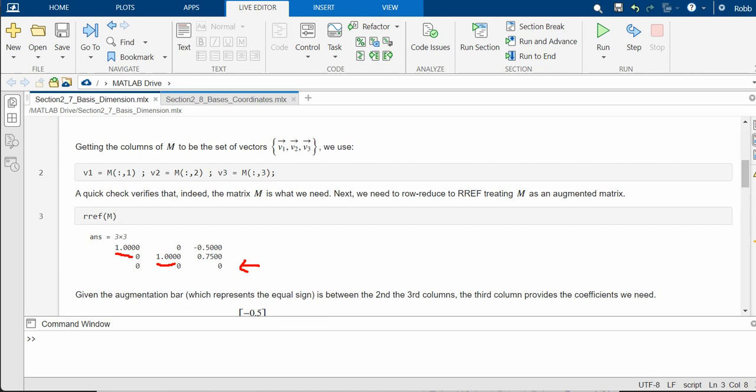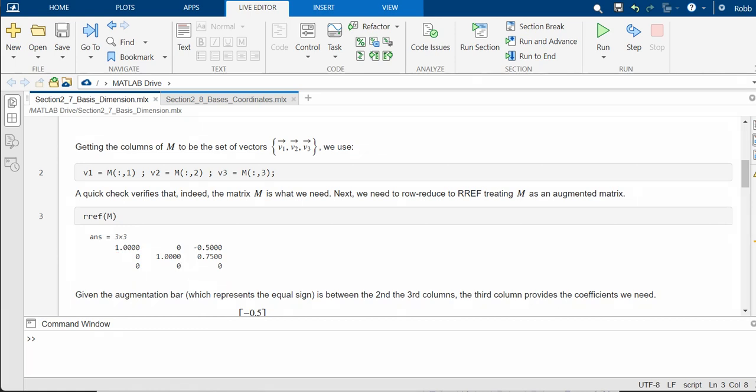So in other words, the space that these vectors span is only two-dimensional. So a basis of just two vectors will work. And it turns out that if I think of this as an augmented matrix, these are the coefficients of the linear dependence relation.